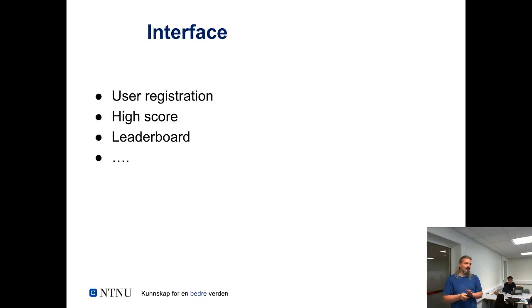So a high score list or a leaderboard would be an interface. If I have an API, you send me this piece of information and I will store it for you. Or you ask for this, I give it back. A protocol is the structure by which you will send data, so it's at that higher level.